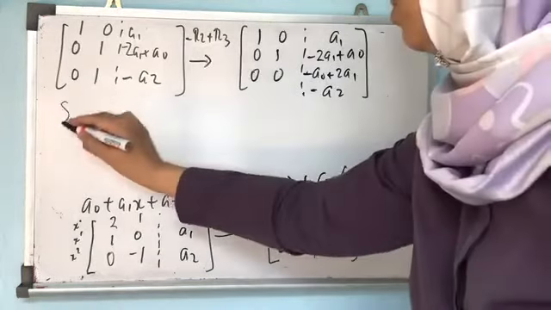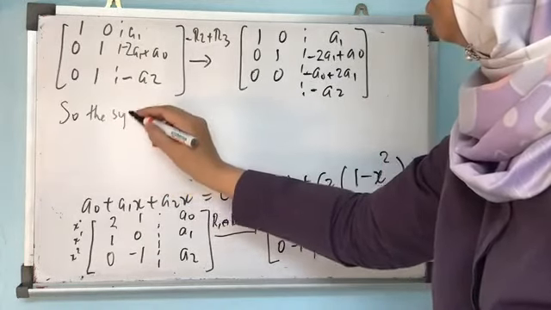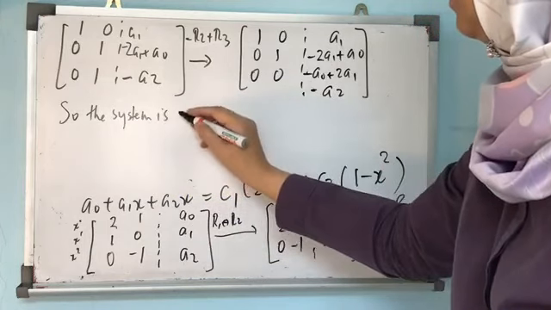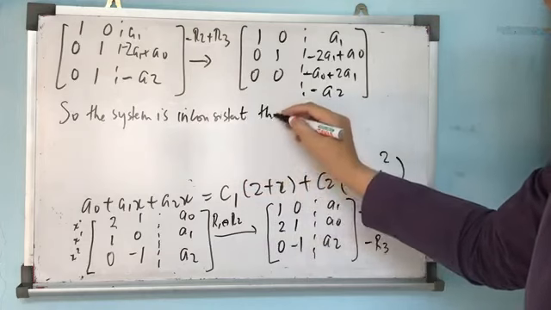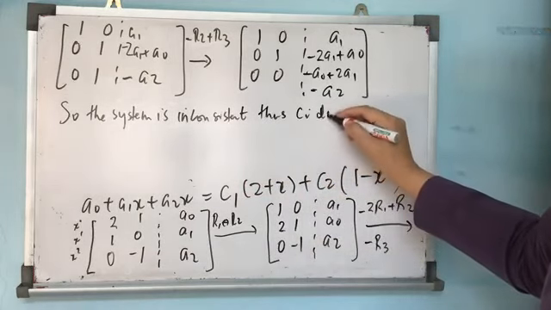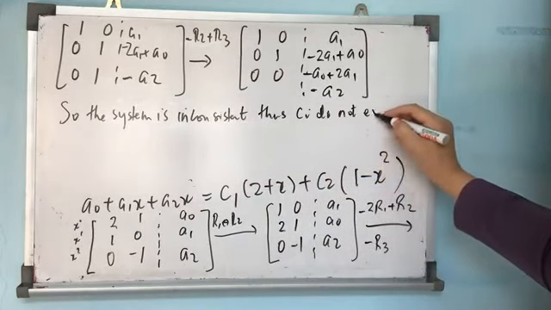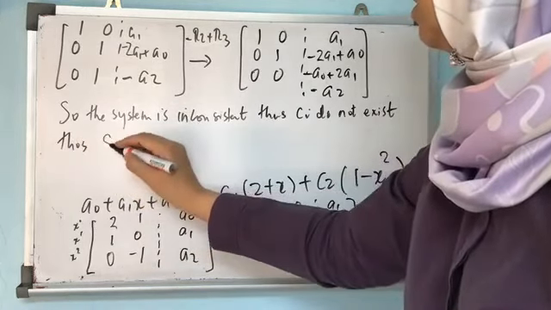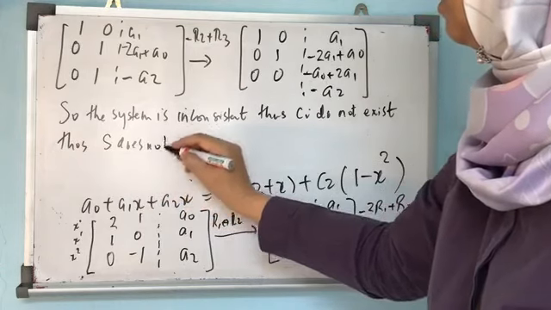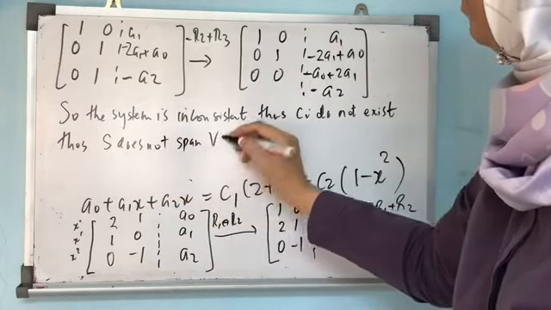So the system is inconsistent, thus the ci do not exist, thus S does not span V.